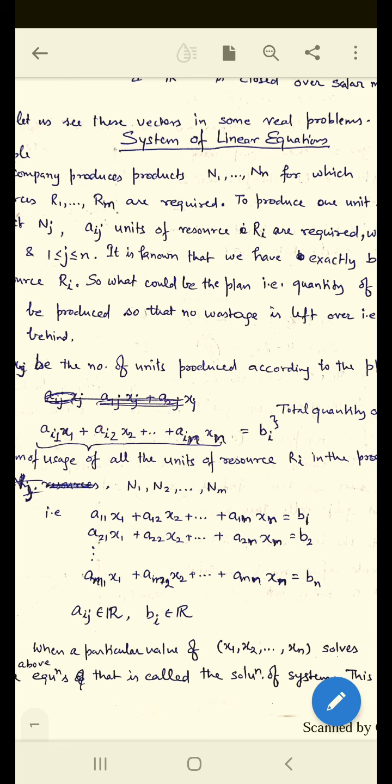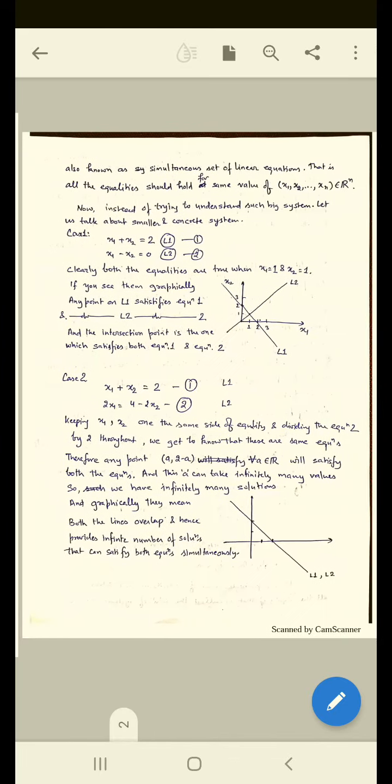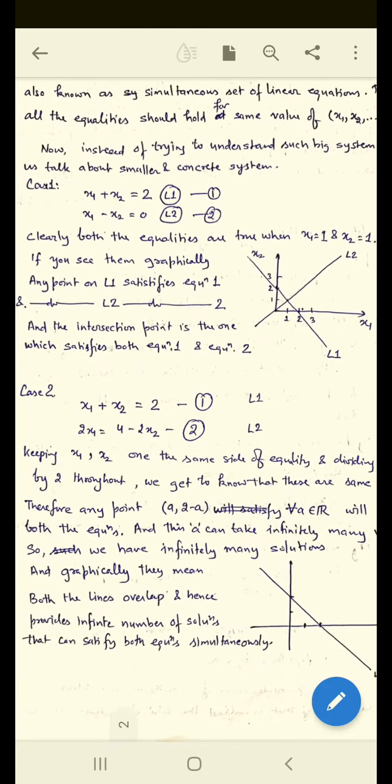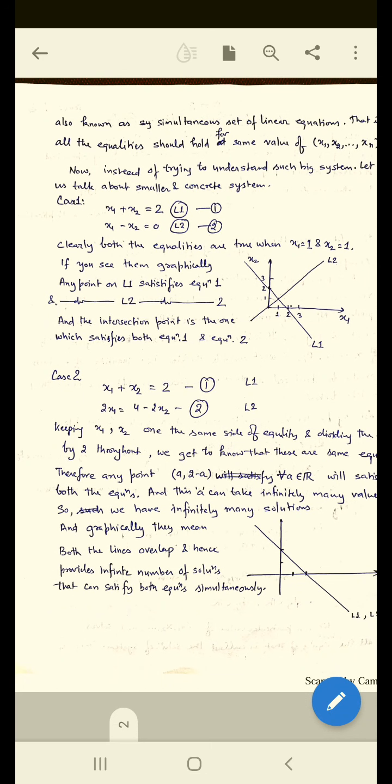Now let us see how these equations work. In our previous classes, like 11th or 12th, we worked with linear equations, especially with two variables and three variables. So let us look at some equations of two variables.